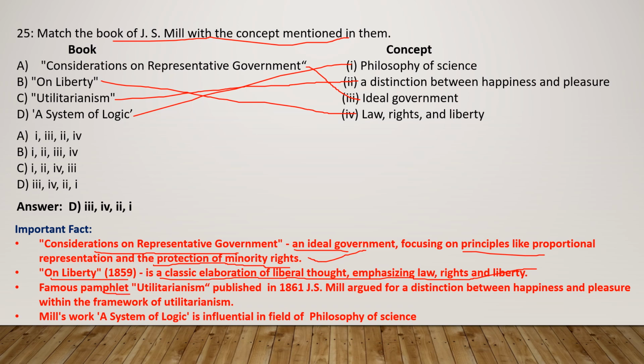The famous pamphlet Utilitarianism, published in 1861, J.S. Mill argued for the distinction between happiness and pleasure within the framework of utilitarianism. Mill's work, A System of Logic, is influential in the field of philosophy of science.